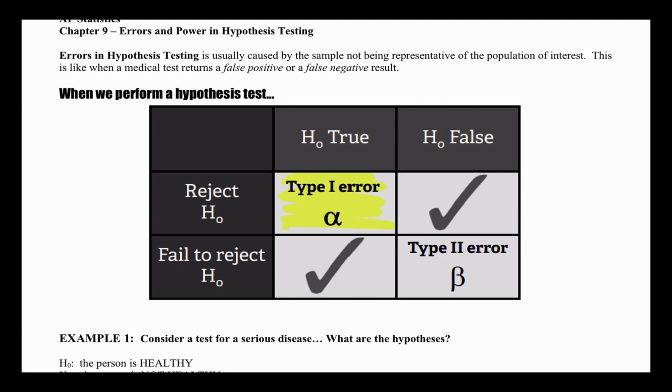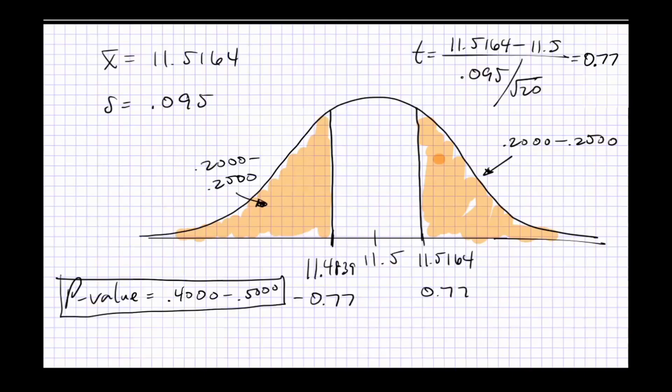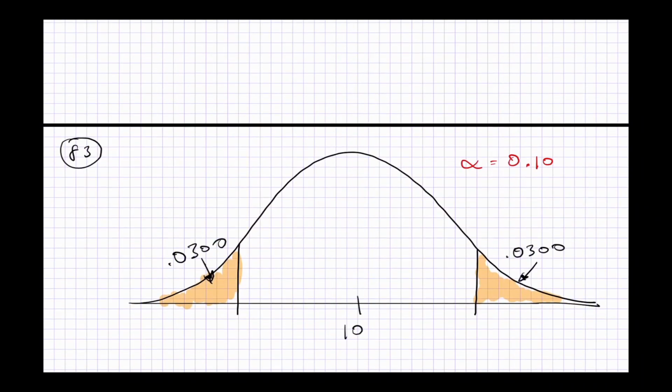But the null hypothesis, the claim, was actually true. Remember, when I reject a claim, I'm saying, no, that's a liar. You're wrong. When I rejected at the 10% here, that's another way of saying your claim is wrong.